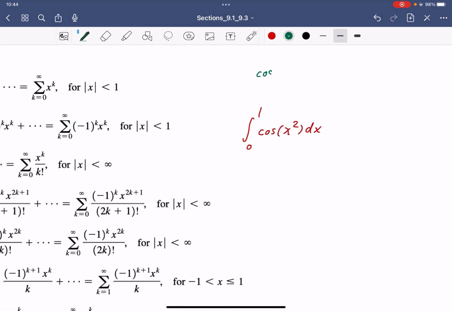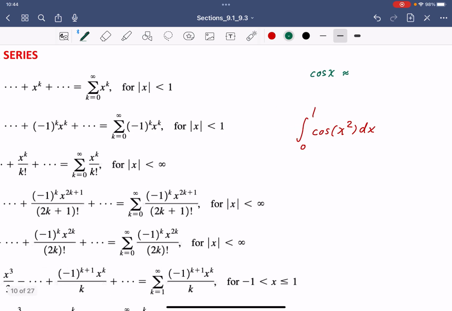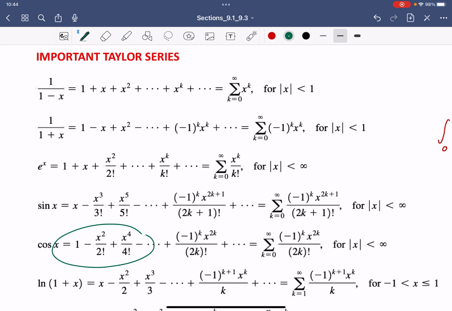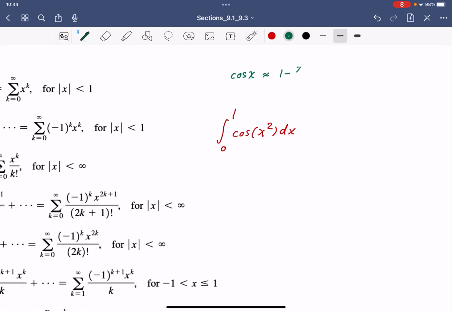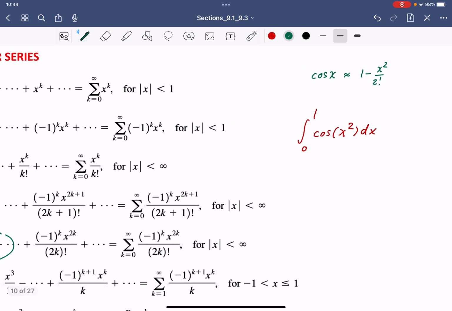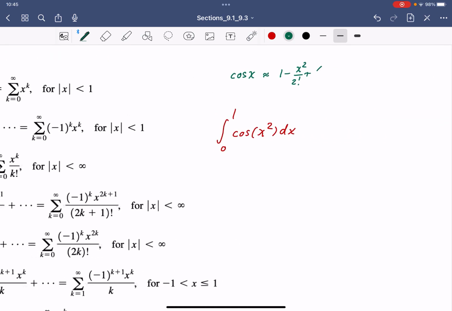hey, everyone, cosine x, we know that it's gonna be this one, right? So it's gonna be 1 minus x squared over 2 factorial plus x to the 4 over 4 factorial minus and so on. This is the Taylor series for cosine. If you want this one, you have to integrate. Be careful with this one because it is actually cosine x squared. So you have to plug in x squared here first.